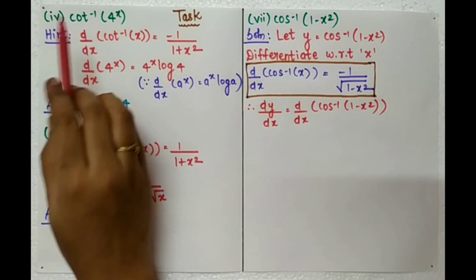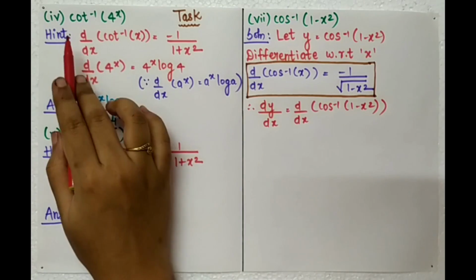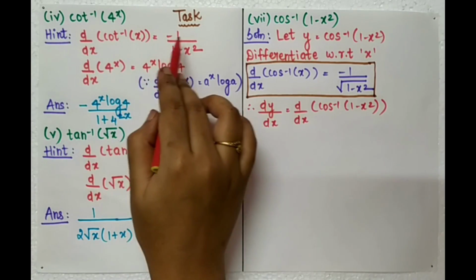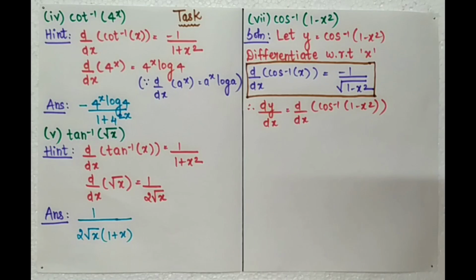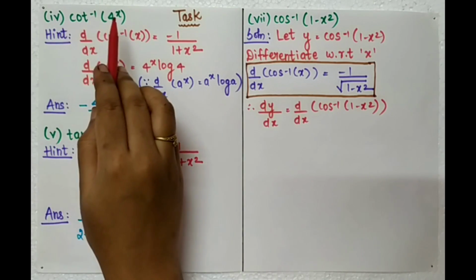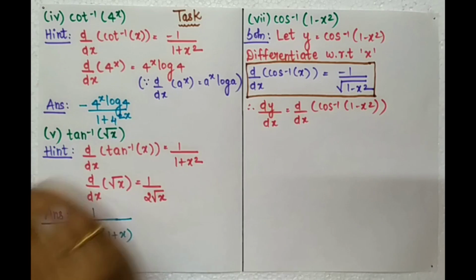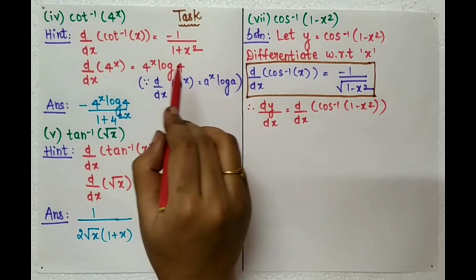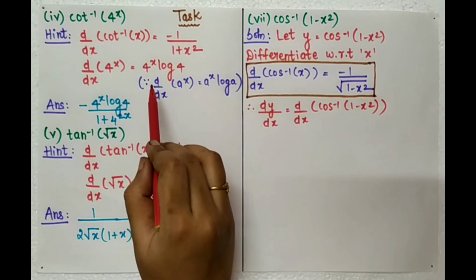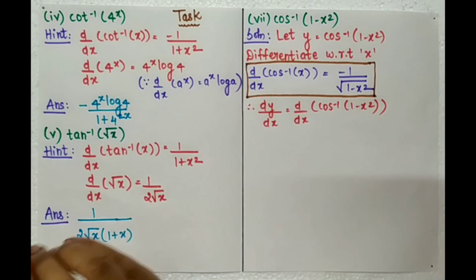See, they have given cot inverse. So the very first step is to write the derivative of cot inverse, that is minus 1 upon 1 plus x square. Also, this is a composite function, so we need to write the derivative of the function given in the bracket, that is 4 power x. Derivative of 4 power x is 4 power x log 4 because derivative of a power x is a power x log a.